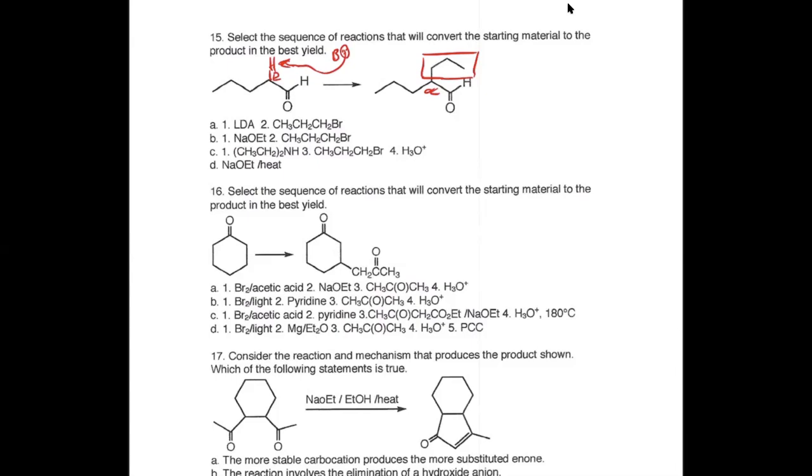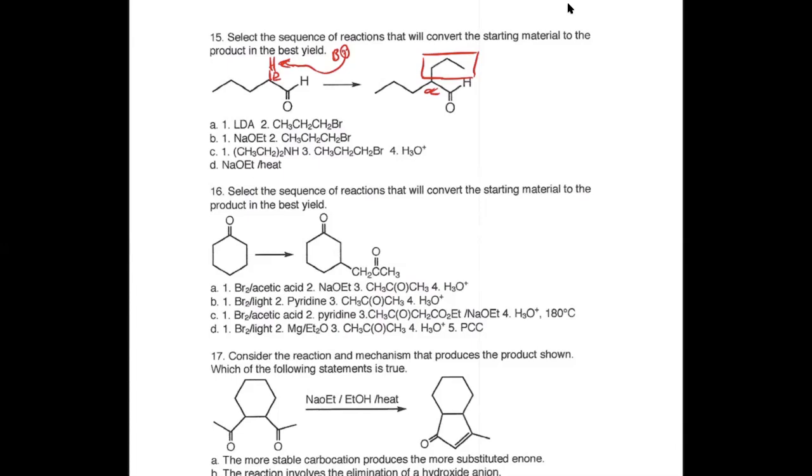The first one gives us LDA. LDA stands for, I believe, lithium diisopropyl amide. It has the word amide in there. Remember, we know an amide looks like this, but if you have a nitrogen with a full minus charge like that, that is also an amide. Not a lot of people know that.